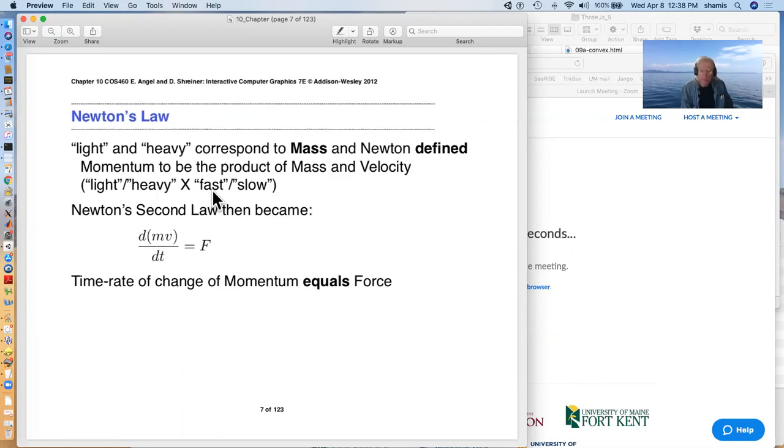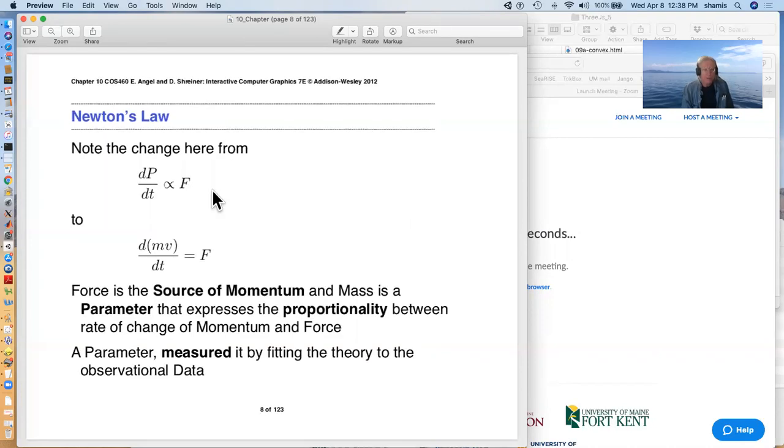Light and heavy correspond to mass, and Newton defined momentum to be the product of mass and velocity, light and heavy times fast and slow. And his second law was rate of change of the quantity mass times velocity was equal to the force. And this also defined what he meant by force, this equation.